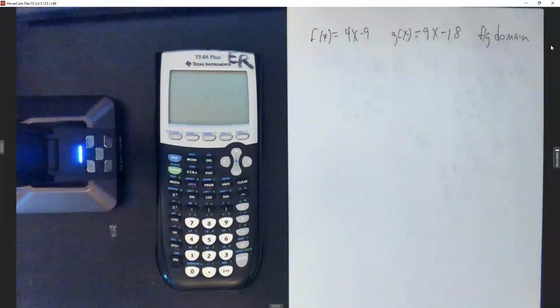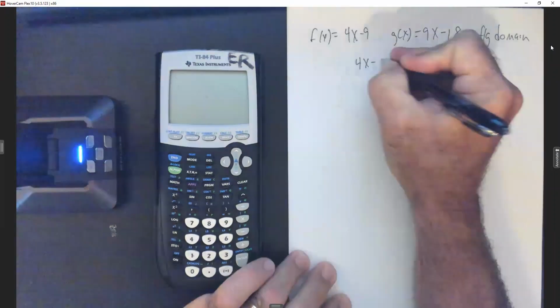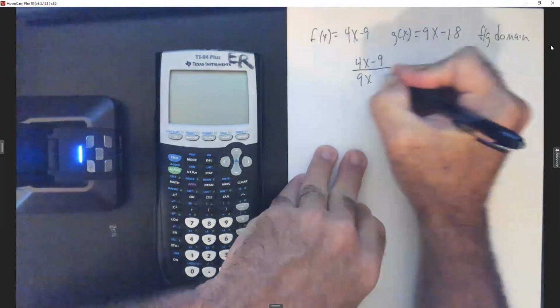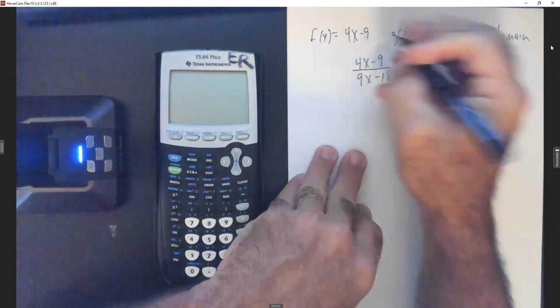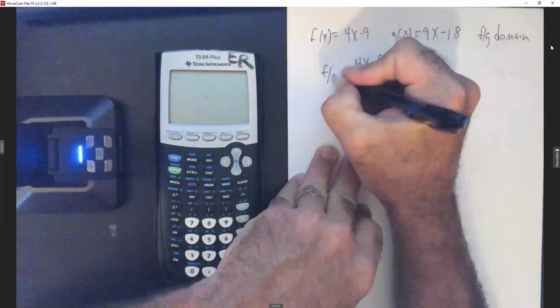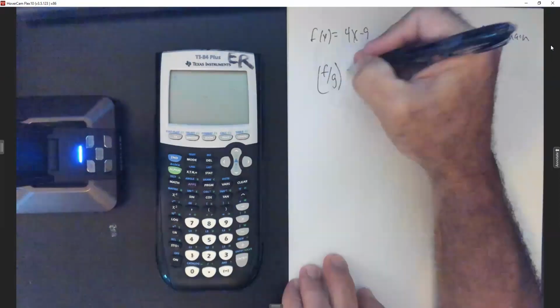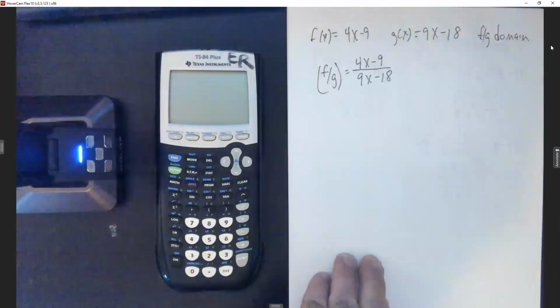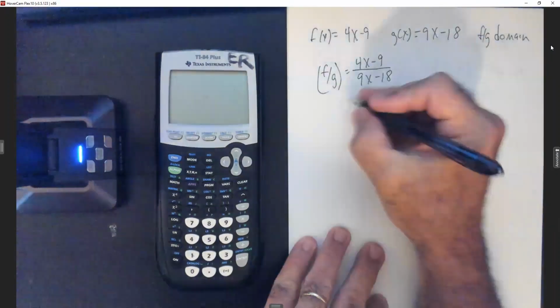All right, so f divided by g would be the f, which was 4x minus 9, over the g, which is the 9x minus 18. Okay, so since it's a fraction, I'm definitely worried about the bottom of my fraction not equaling 0.